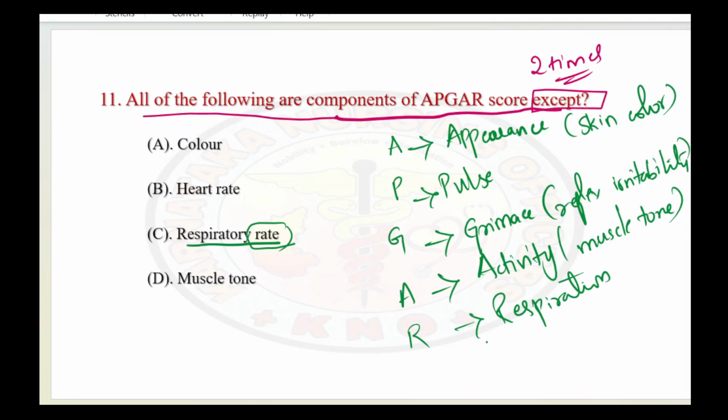In Apgar, you are going to check just whether respiration is present or not. If present, you give the points. If not present, you make it 0. Okay. So respiratory rate is not a component of Apgar. Muscle tone, I mean the activity, you are going to check. So that is also a component of Apgar. So the right answer here is respiratory rate. Rate is not a component of Apgar. So answer is C.